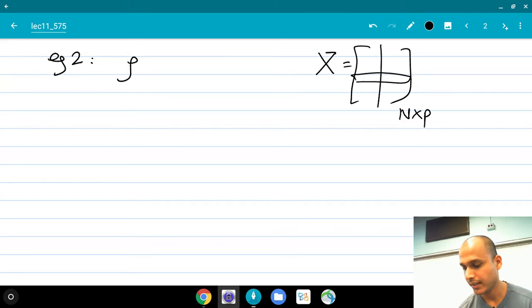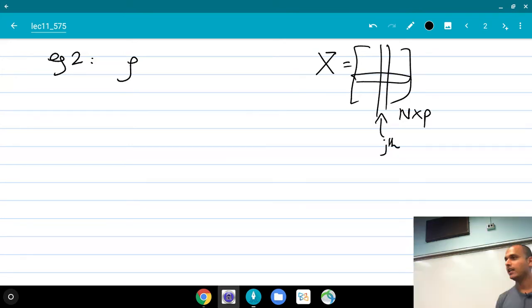What I'm going to do is pick a feature, the jth feature, the jth column. I'm going to take the mean of those numbers. Let's say they're real valued measurements, maybe pressure or something. Take the mean and subtract it from every observation.